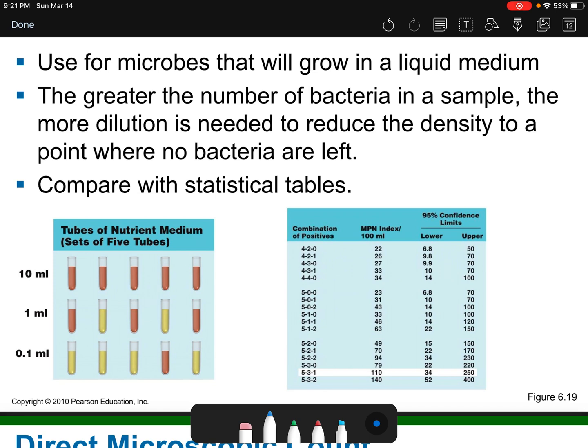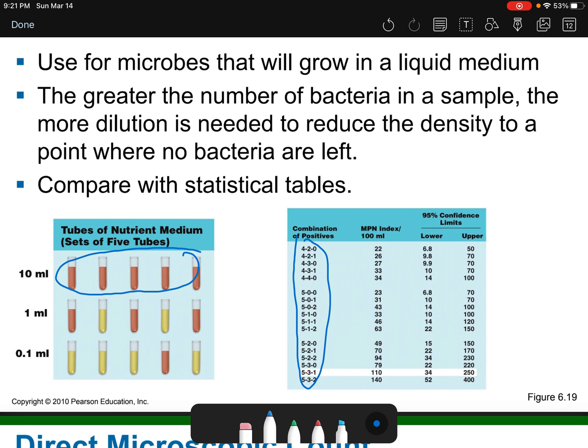Then we look at the number of positive tests here. Here we had 5, and then we had 3, 2, 2, and here we had 4 and 1.